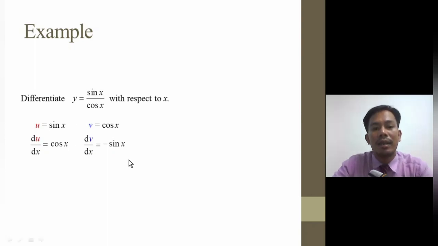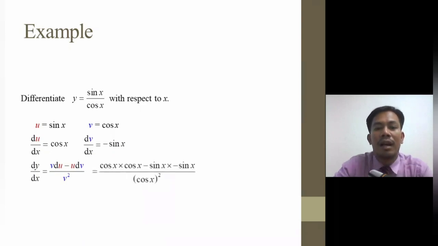And remember, the quotient rule says (v du minus u dv) divided by v squared. So let's just plug in. Cosine x times cosine x is cosine squared x. Negative sine x times negative sine x is plus sine squared x. Cosine x squared is cosine squared x.